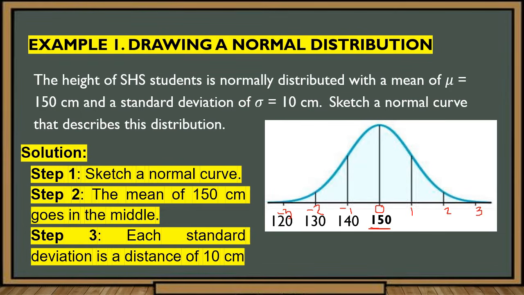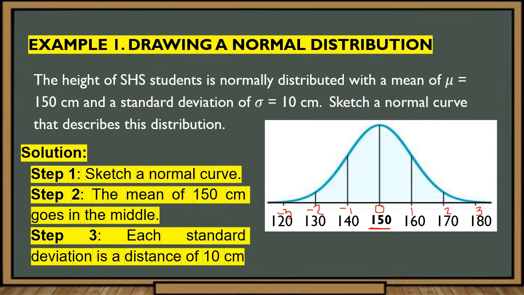Next, we're going to the right of the mean. From 150 to the right, or above the mean, we're going to add 10 centimeters. So that is 160. From 160, we add another 10, and from 170, we add 10. Notice that the distance is 10 centimeters, which is the standard deviation.